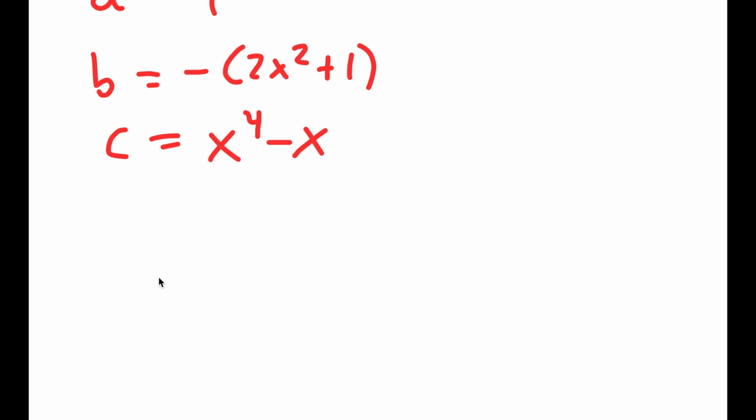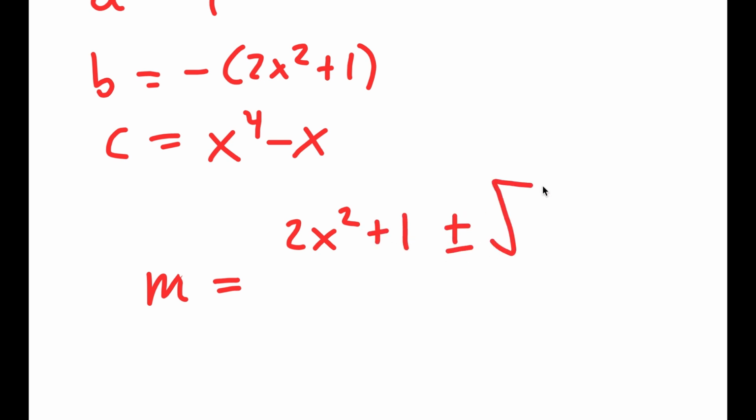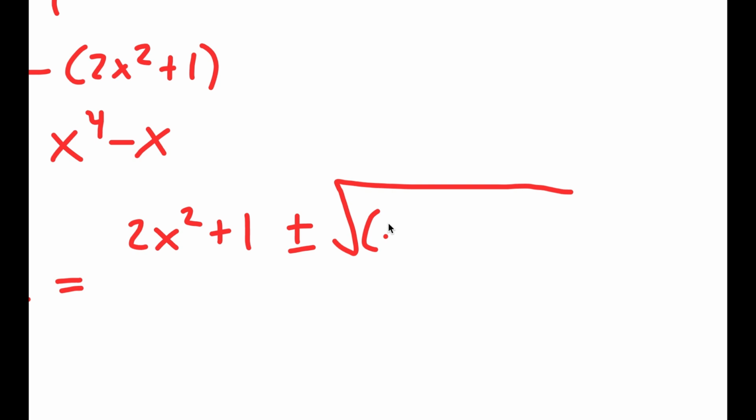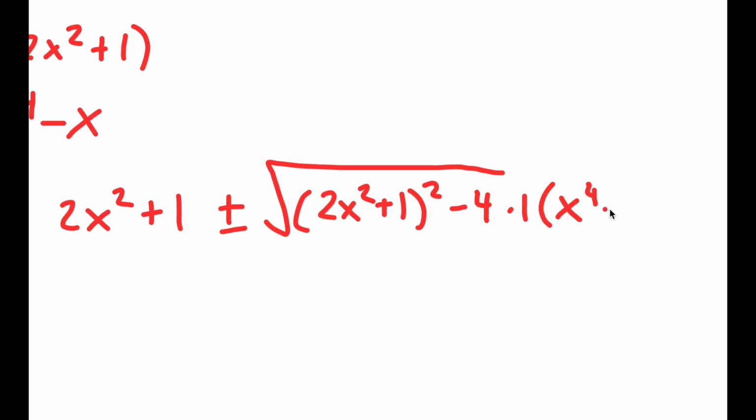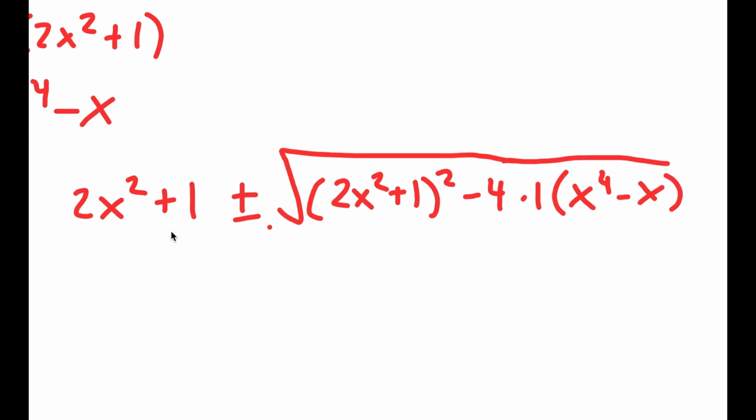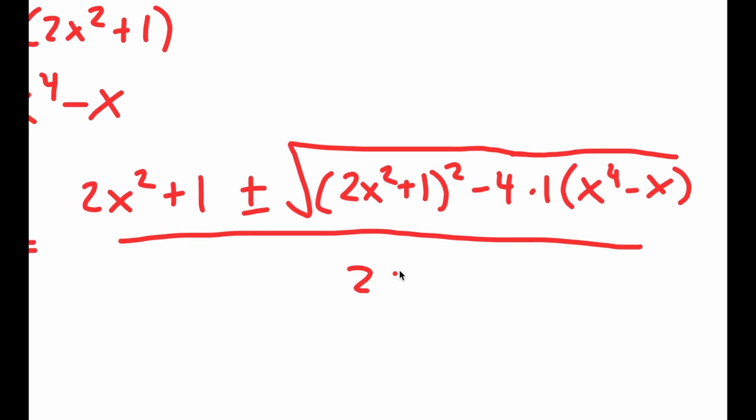So now I have m is equal to (2x squared plus 1) plus or minus the square root of (2x squared plus 1) squared minus 4 times 1 times (x to the power 4 minus x), and I have all of this over 2 times 1.